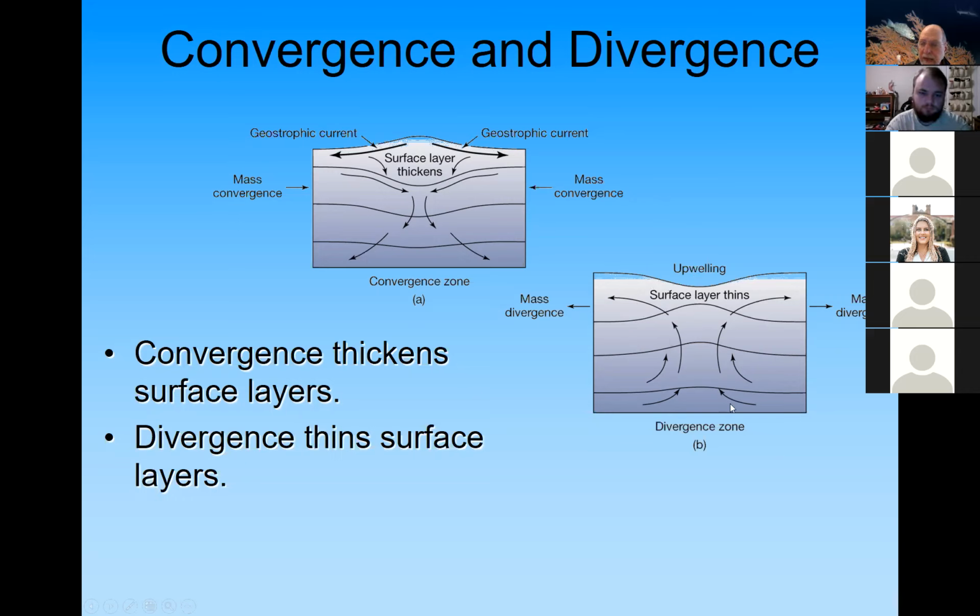But typically, when you have an upwelling, you're bringing nutrient-rich water from deeper zones up into the surface. So where there's divergence, and processes which produce divergence are going to produce upwelling. And upwelling can be biologically important because it provides plankton living in the surface of the ocean with nutrients that tend to sink and be trapped in deeper layers. So this divergence-driven upwelling is an important process. And downwelling. Okay.